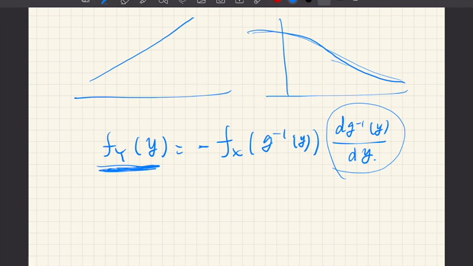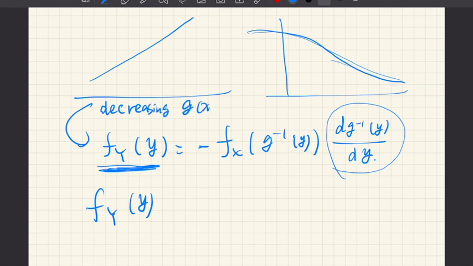It's impossible. Okay, in any case, this is monotone decreasing g of x. So when it's an increasing function, this is a positive sign, but for a decreasing function it is a negative sign.